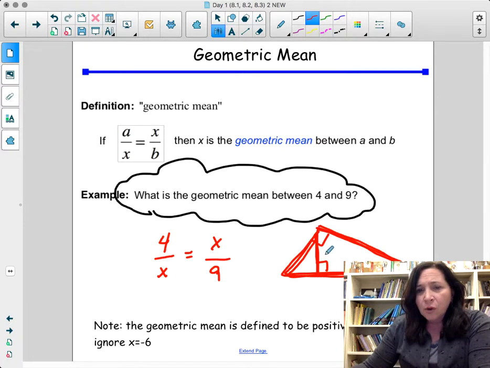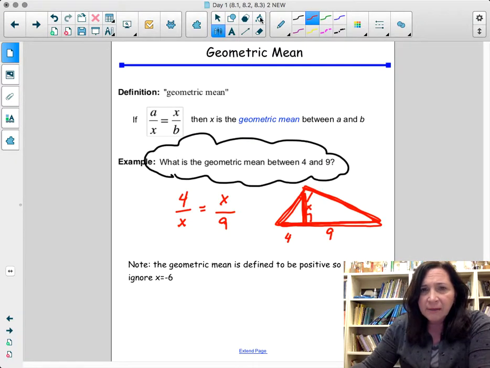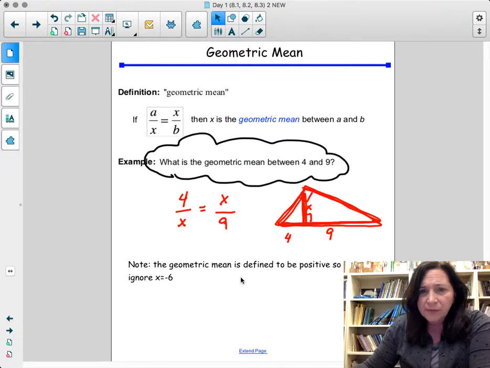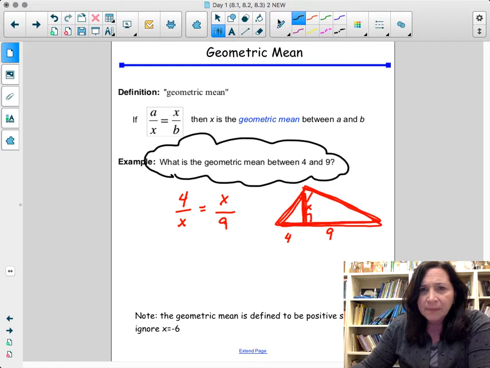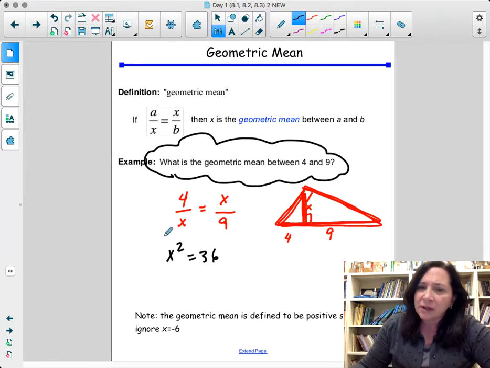Okay, so what you're looking at here is this is 4, this is x, and this is 9. So you're saying 4 is to x as x is to 9. Cross multiplying this, I'm going to get x squared is equal to 36. And again, we just talked about this on the previous slide.